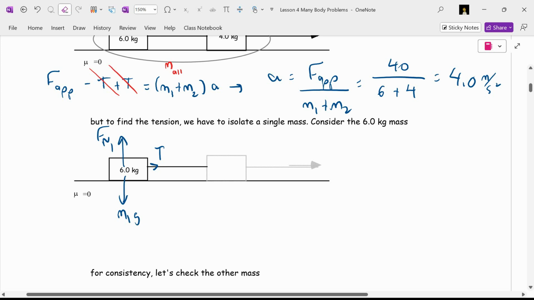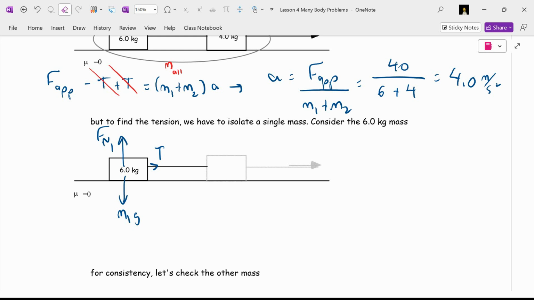Looking only at the 6 kilogram mass, which way is it accelerating? To the right. Who's winning? It's only one arrow pointing to the right. Don't overcomplicate it. Who's winning? Tension. Who's losing? It's a trick question.